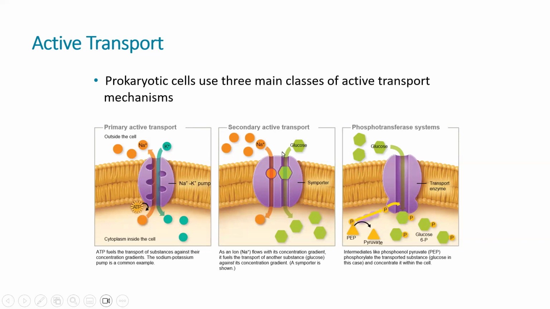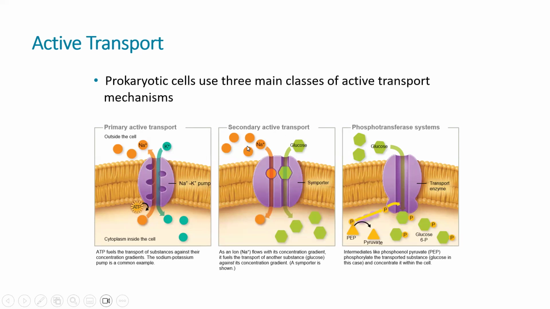Now, then there are these secondary active transport systems. And here, it's like a co-transport in this sodium glucose channel, right? In this case, we have a symporter, which means that they're both going in the same direction.